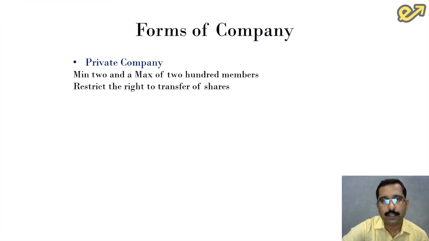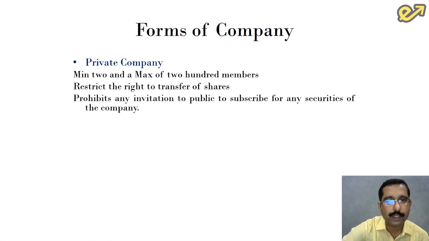The transfer of shares should happen within these members, or consent should be taken to transfer the shares outside them. Next, it prohibits any invitation to the public to subscribe for any securities of the company. It doesn't advertise that the company is looking for shareholders who can come and invest money and buy the shares. No such things will happen. It is a closed circuit sort of thing.